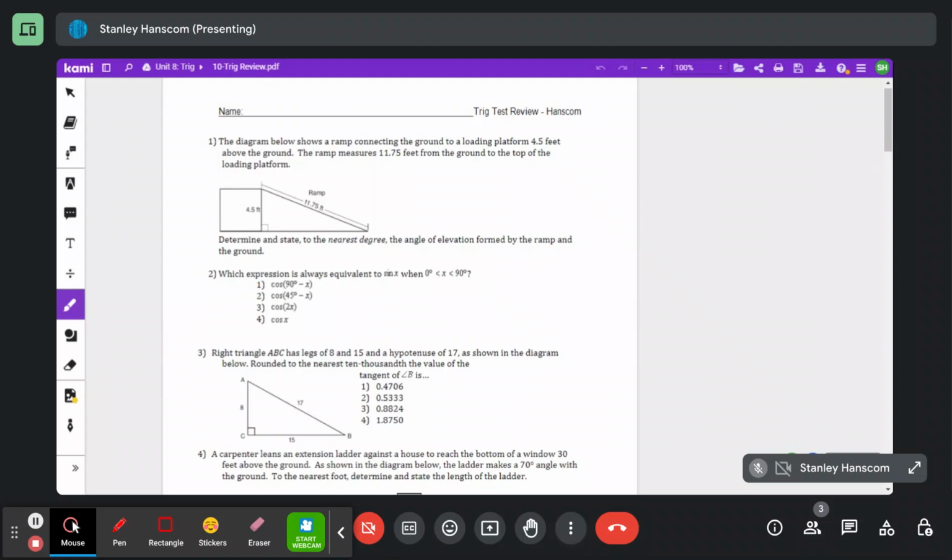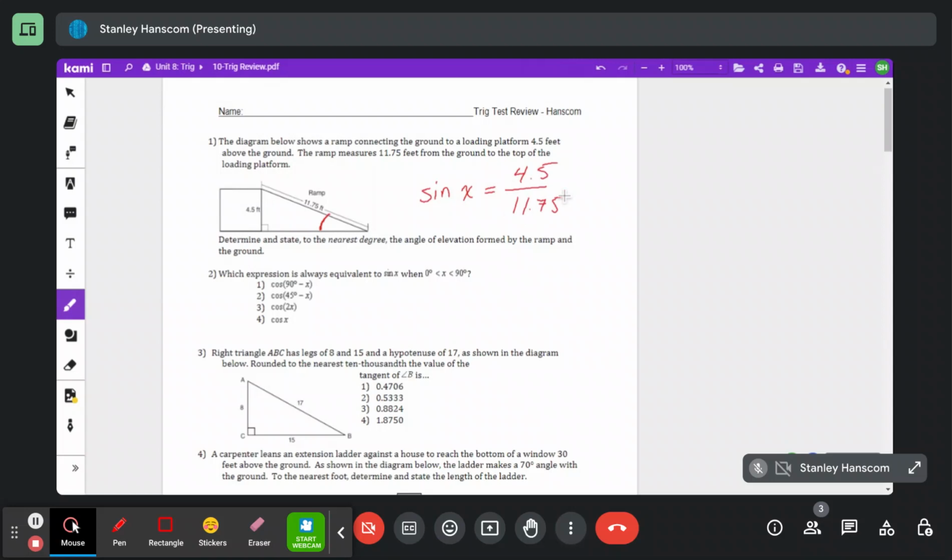For question number 1, it is asking you to find the angle of elevation formed by this ramp. So we are going to have to be finding this angle right here between the 11.75 and a side that's not given to us. What we are going to end up doing is have the sine of this unknown angle, I'll call x, equal 4.5 over 11.75.